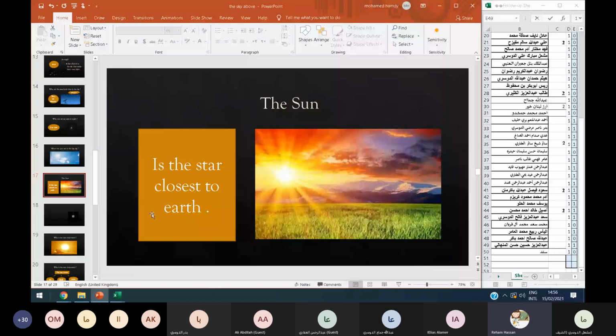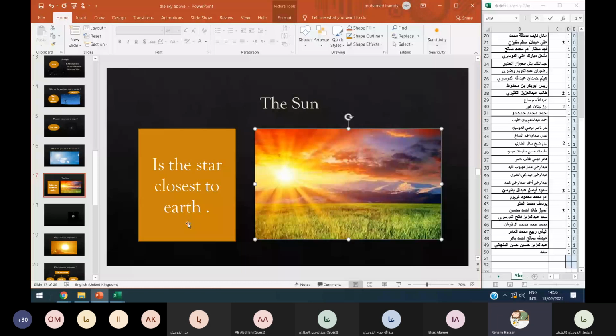We can see it well. It's not far away like other stars, but it is closest to the earth, so we can see it well as a big star. So what about the sun?